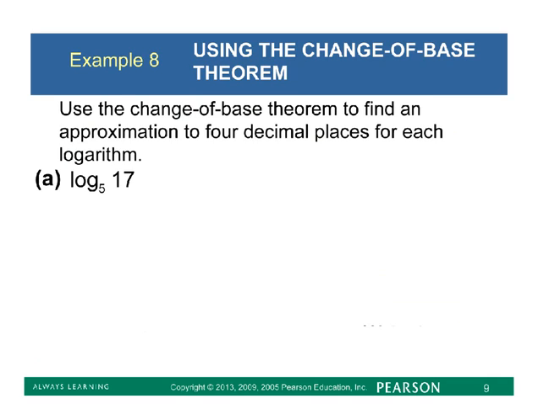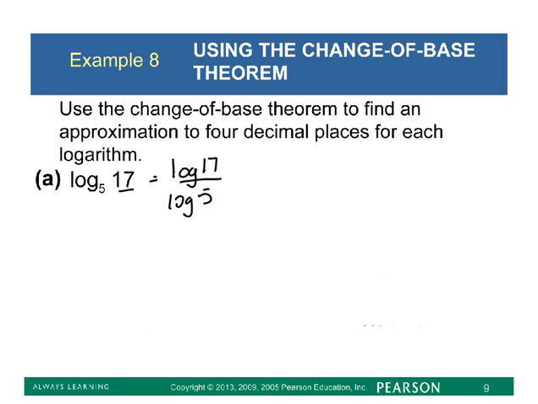Alright, this example has asked us to use the change of base theorem or formula to find the approximation to 4 decimal places for each logarithm. So we have this logarithm and the next to look at. Alright, so this is how the change of base formula goes. If we have log base 5 of 17, it can be rewritten as log base 10, it's understood to be base 10, of 17 over log 5.